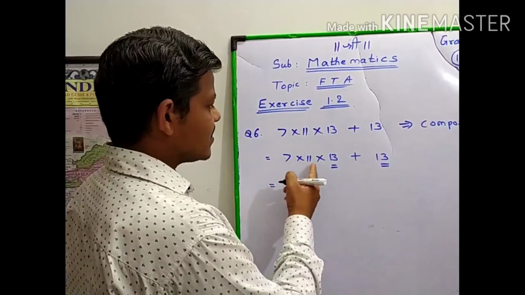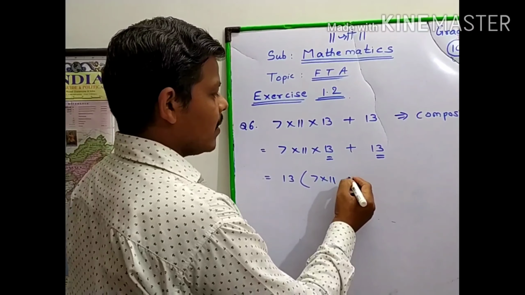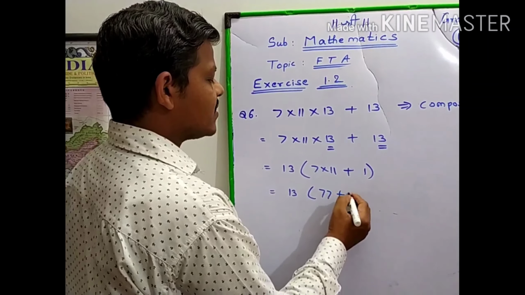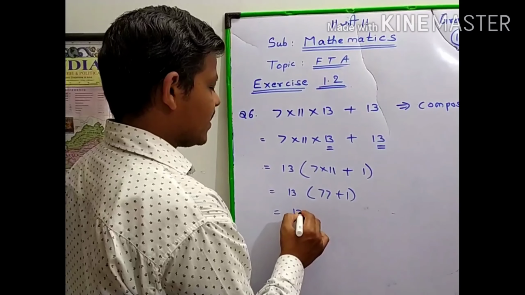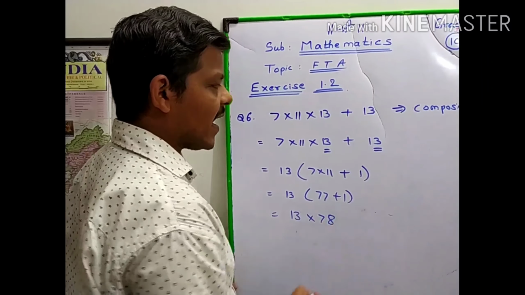What remains? 7 into 11, since 13 went out common, plus 1, because 13 is common. So what do we get? 13 into 77 plus 1, that is 13 into 78.